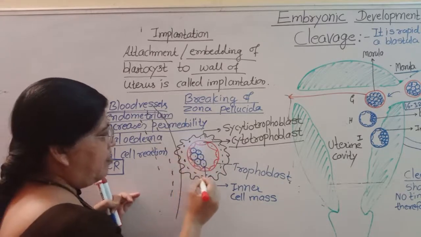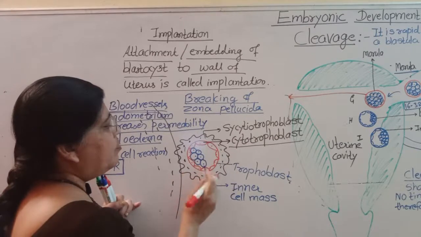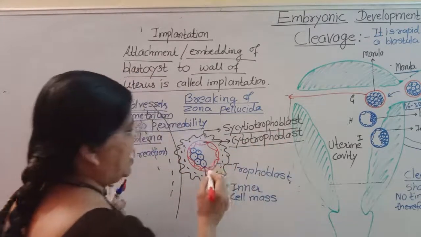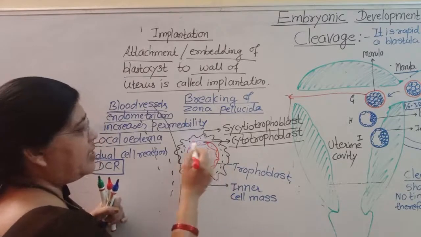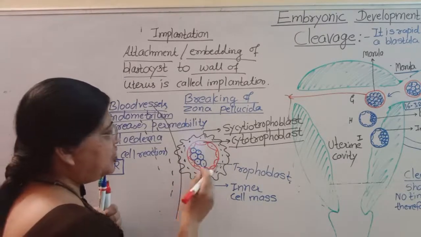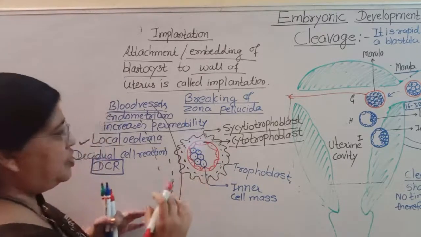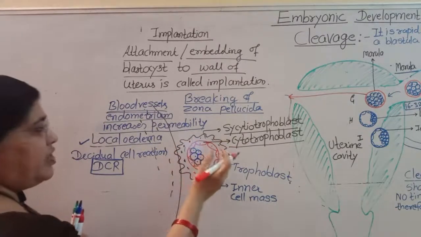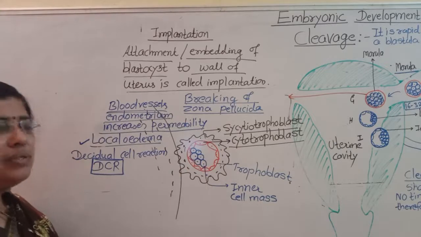See, this is multinucleate protoplasm, there are no definite boundaries between the cells. So syncytiotrophoblast has multinucleate protoplasm. Actually it is a syncytium, it is also called syncytium. Protoplasm is fused, but there are no definite boundaries between the cells.